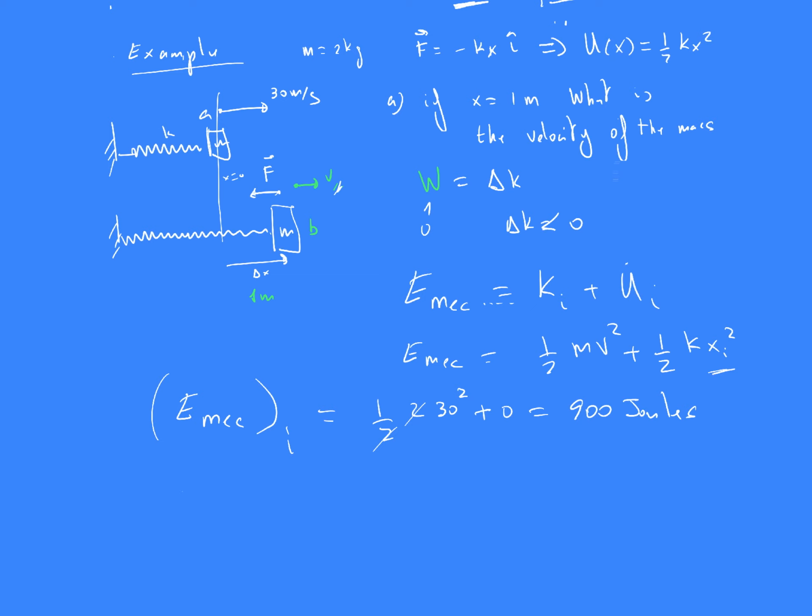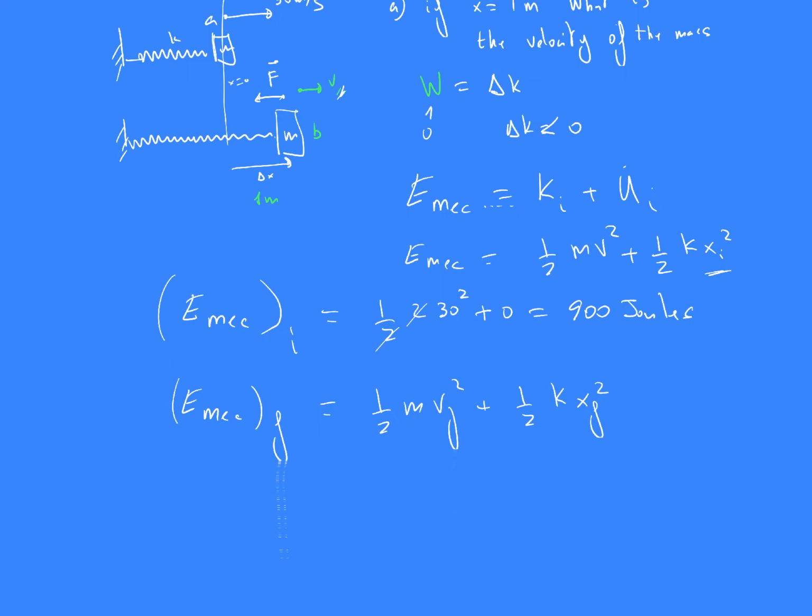So what is the mechanical energy final? The mechanical energy final is the kinetic energy final, 1/2 m v final squared, plus the potential energy final, 1/2 k x final squared. Let's evaluate this quantity when the x final is 1 meter.